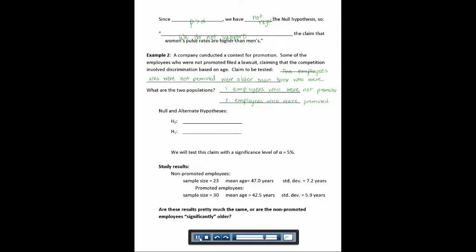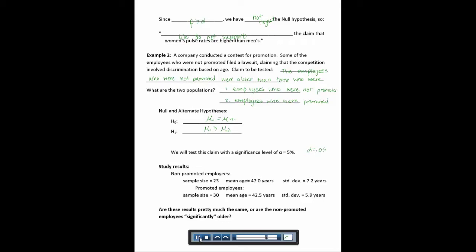Our claim is that the ones who were not promoted, which will be mu1, were older than the ones who were. So our alternate hypothesis is that mu1 is greater than mu2, and of course then our null hypothesis is mu1 equals mu2. We're going to let alpha be 0.05.